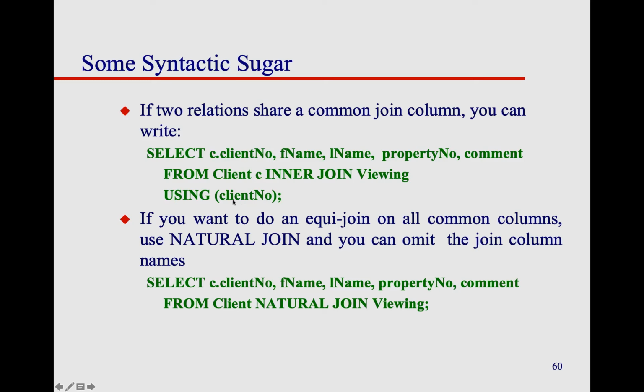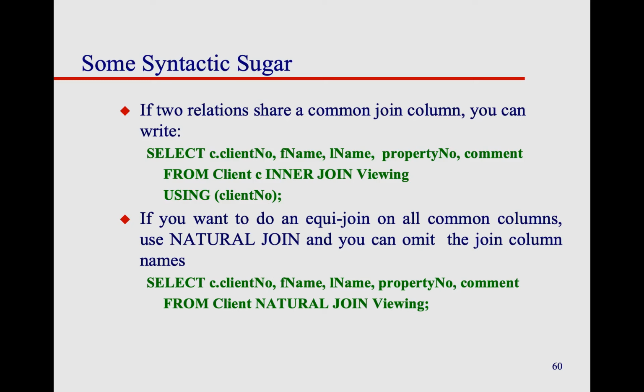And you can make it comma separated if there's more than one column in the join. So you're allowed to have multiple columns here. Okay, now if you want to include all columns with the same name, you can replace inner join using with natural join. This is the most common, that you want to join on all commonly named columns.